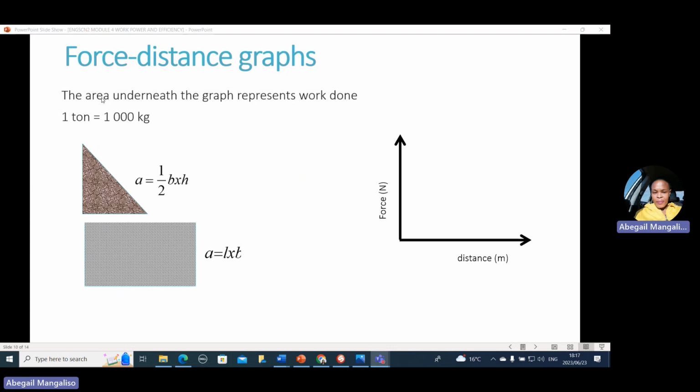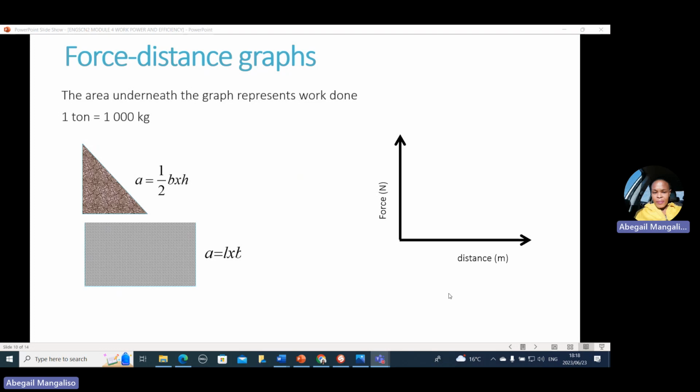So you multiply by 1,000 to take it from tons to kilograms, then you multiply by 9.8 to take it to newtons. The weight of the object can be given in megagrams or grams, but always take it to newtons.